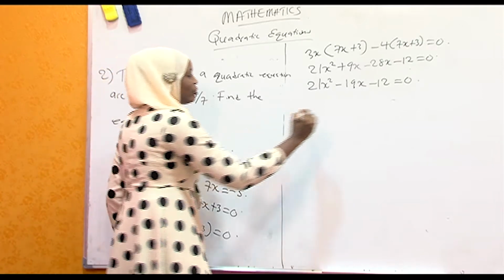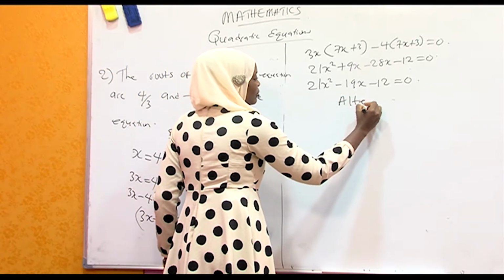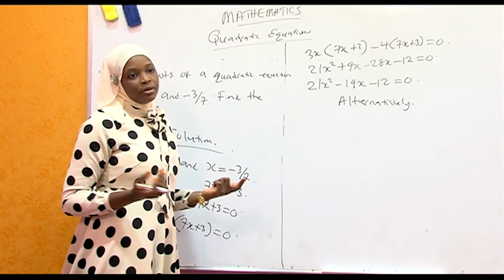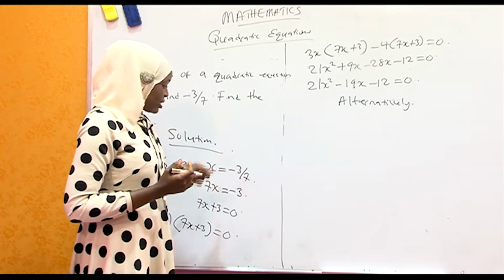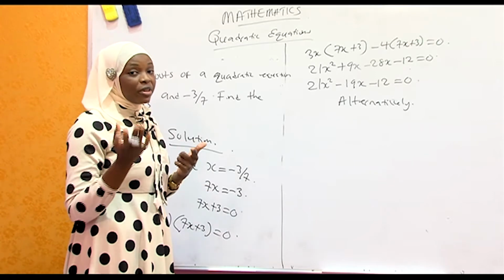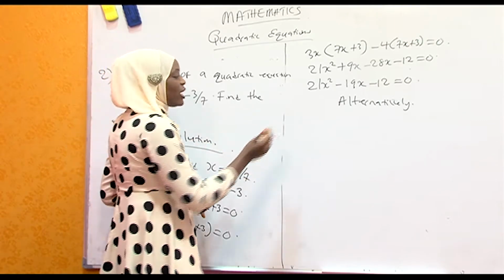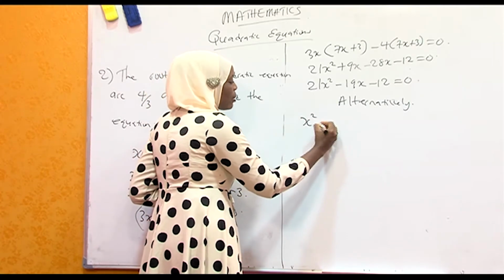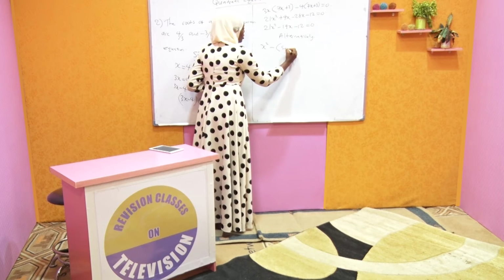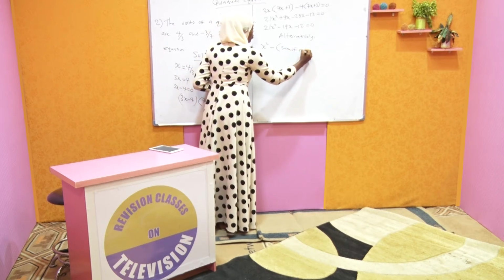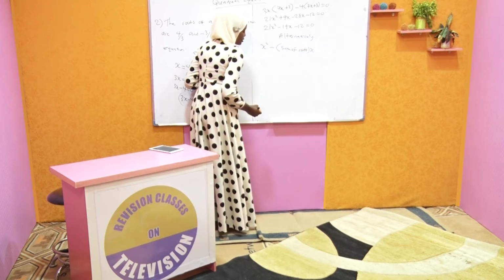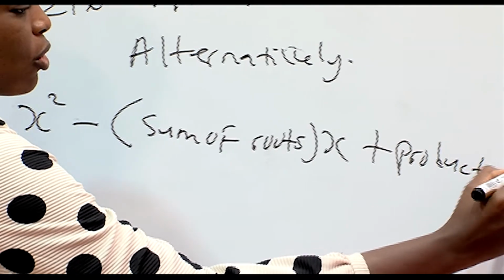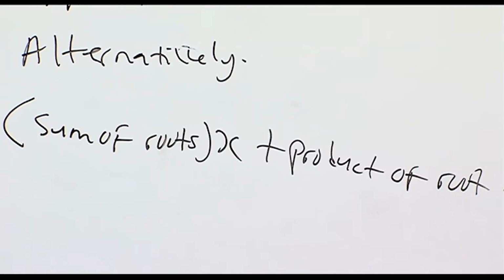Alternatively, you can use a formula to solve this same question, but using a different method. That's why I said alternatively. You can use the formula x squared minus (sum of roots) x plus product of roots.